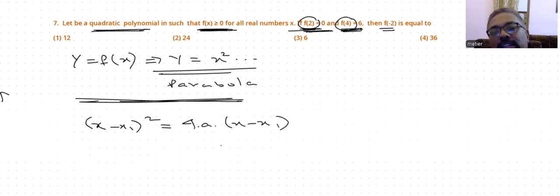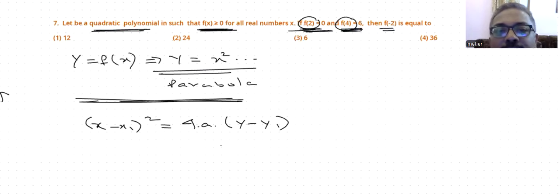And what will be the shape of this parabola? Let's go with the diagram. I think it will help more rather than putting the values. Now, what will be the shape of this parabola? x is having square and y is having power 1, means the parabola will be either upward or downward.